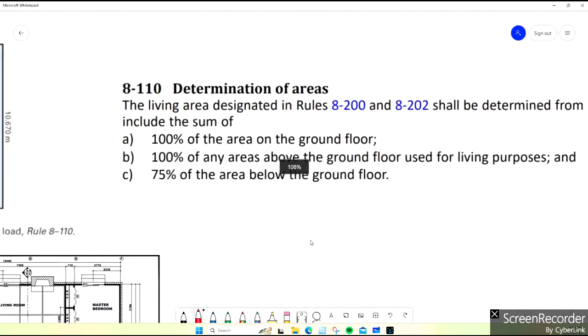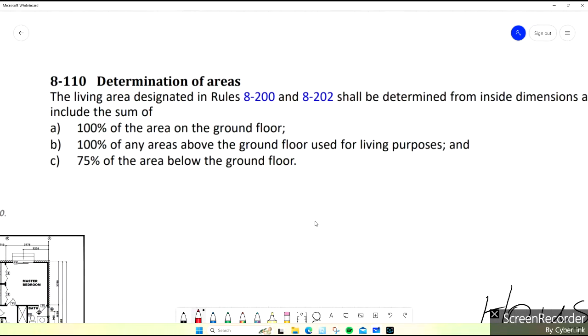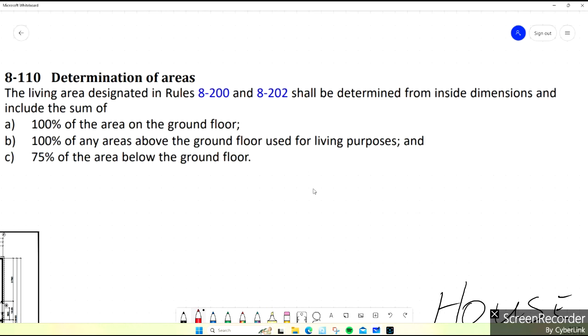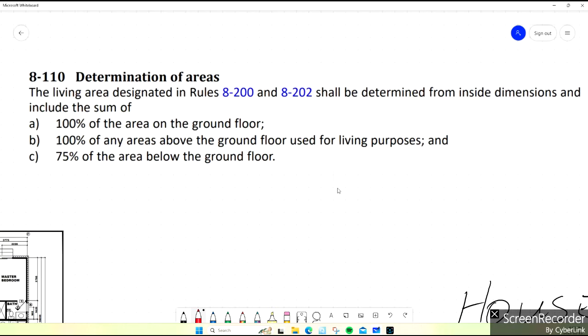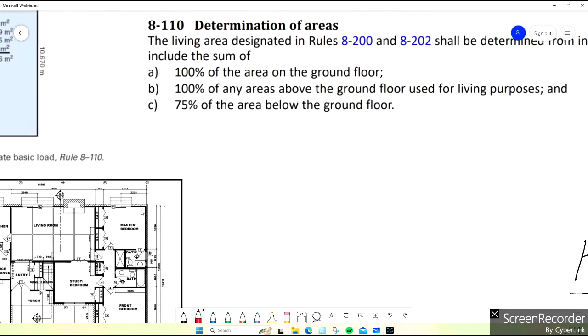What is designated as living area? If you look at Rule 8110, it tells you how to determine those areas. It goes on to say the living area designated in Rules 8200, which is the one we talked about (8202 is for apartments, but we're looking at 8200), shall be determined from the inside dimensions of the home.